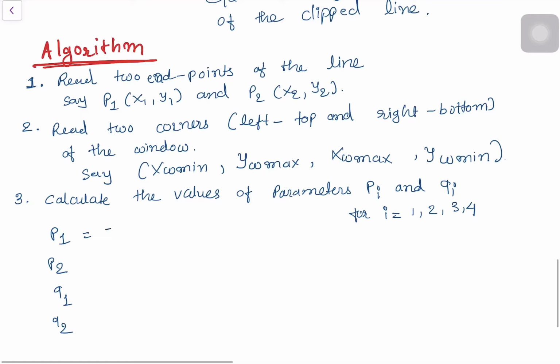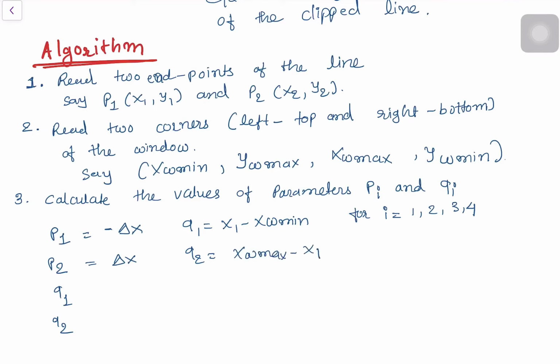P1 is equal to minus del x and Q1 is equal to x1 minus xw minimum. P2 is equal to del x and Q2 is equal to xw max minus x1. P3 is equal to minus del y and Q3 is equal to y1 minus yw minimum. P4 is equal to del y and Q4 is equal to yw max minus y1.